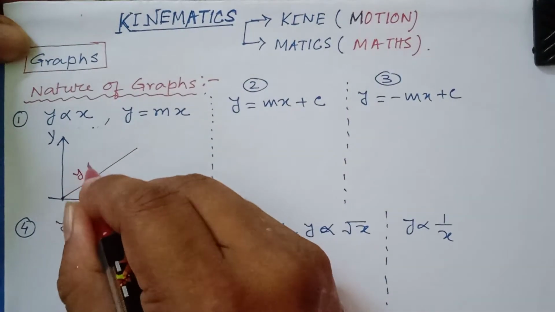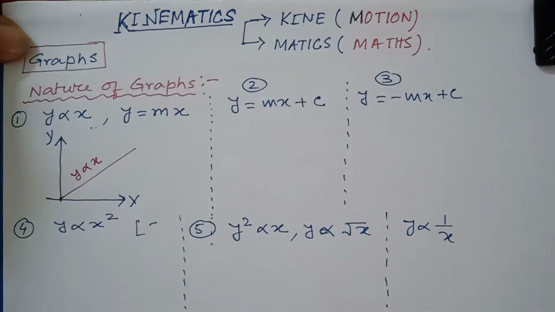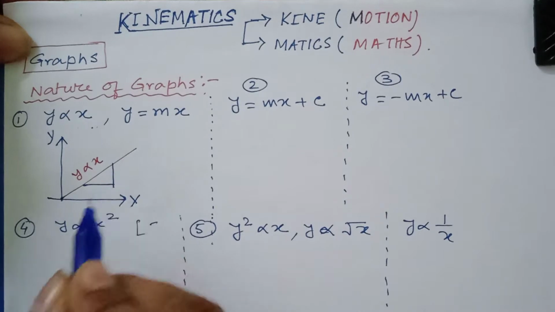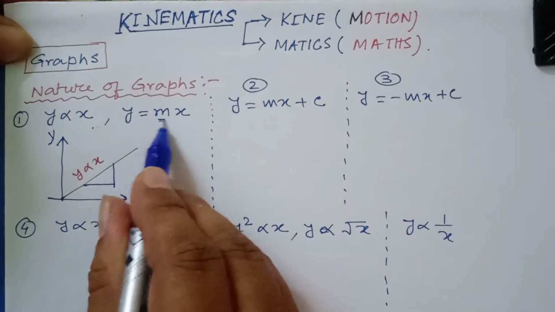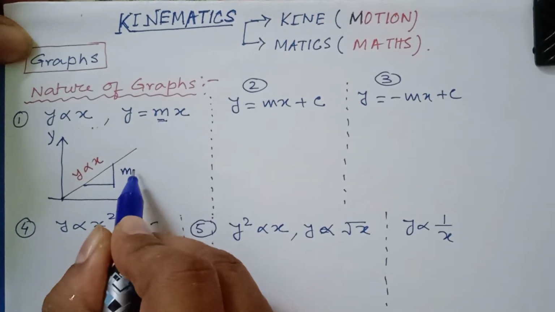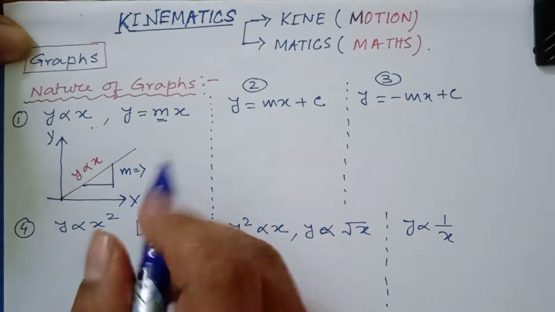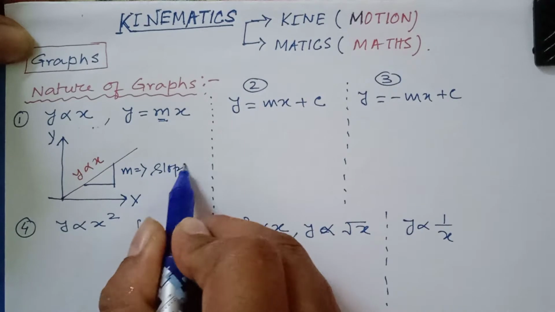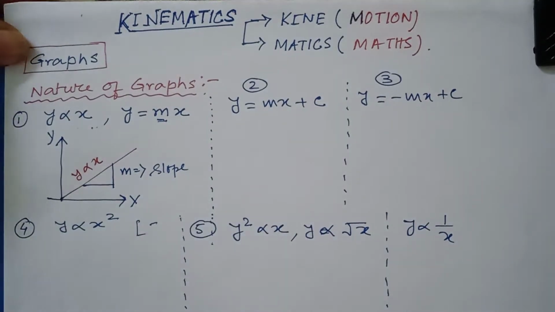It means y is directly proportional to x. And the slope of the graph represents the constant term m. So m is the physical quantity, means the slope represents the physical quantity m.